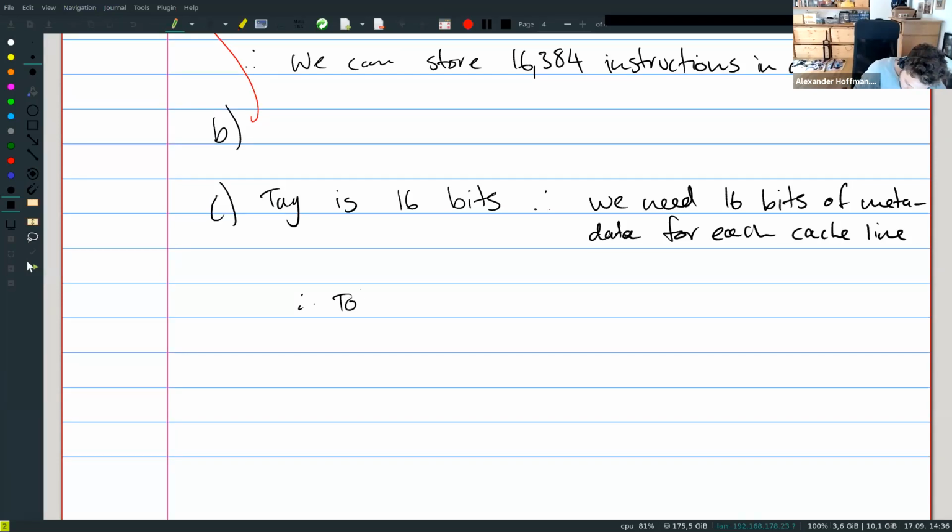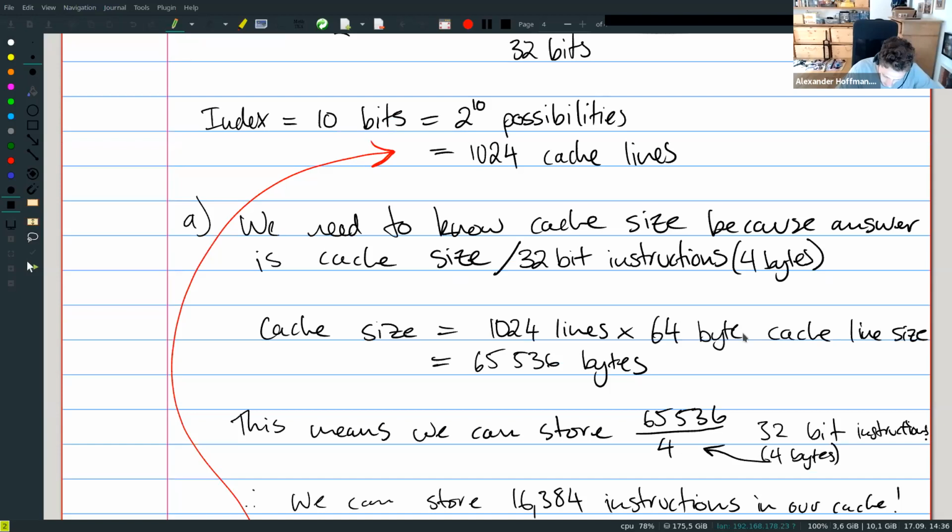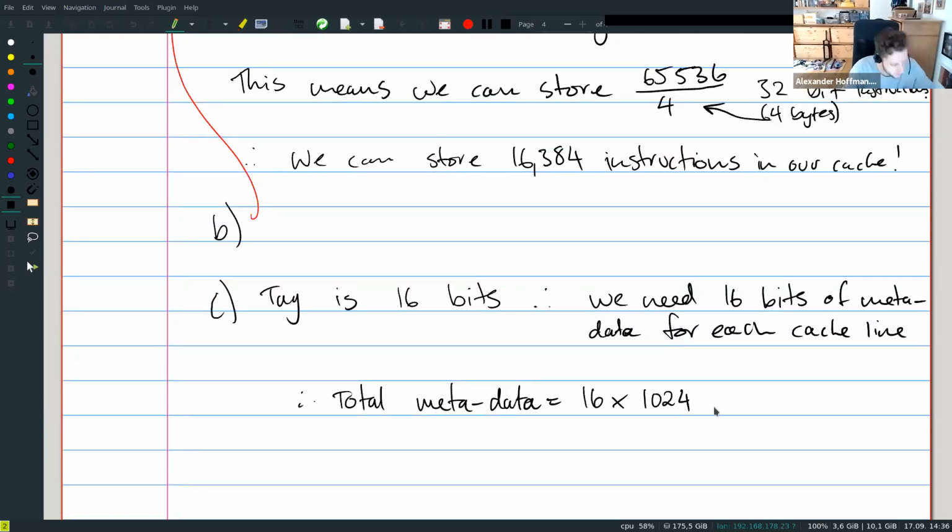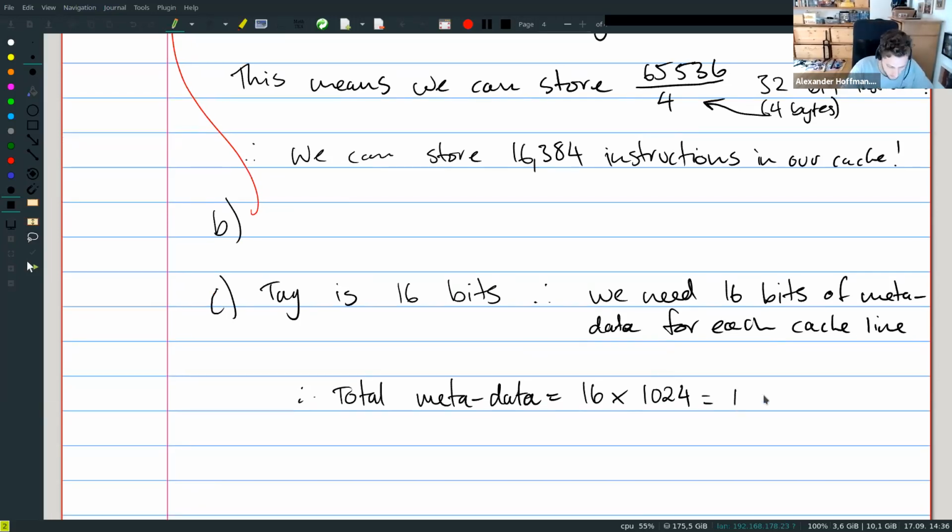Therefore, total metadata equals 16 times 1024 cache lines, which is 16,384 bits. Now this is important, this is bits. If we divide this by 8, that's 2,048 bytes of metadata.